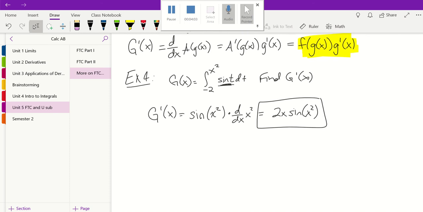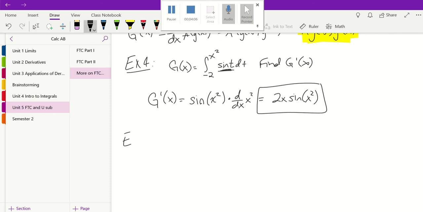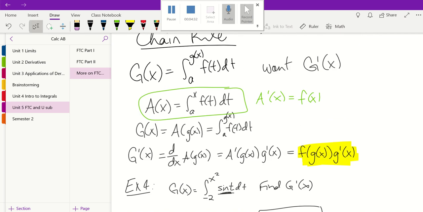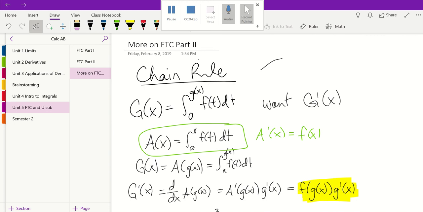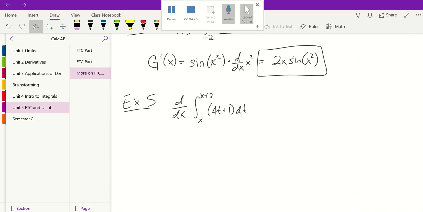A couple more examples. Let's say we're asked to find this derivative. Find the derivative of the integral from x to x plus 2 of 4t plus 1 dt. We cannot just plug in x plus 2 to our function of t in the middle because it does not fit a constant to an expression of x. So what we have to do is break this integral up.